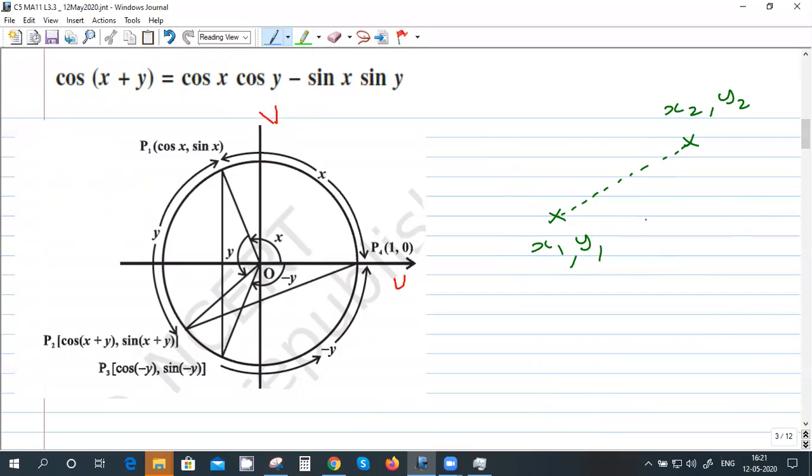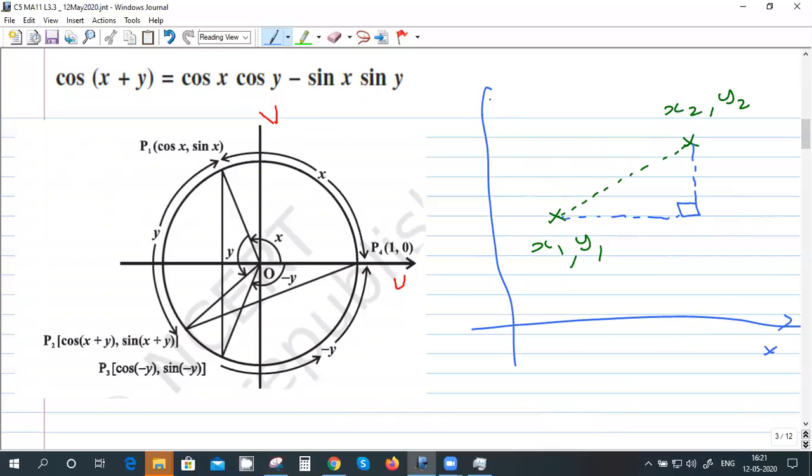Suppose you draw a horizontal, and this will be 90 degrees. X-axis is here, and this is y-axis.